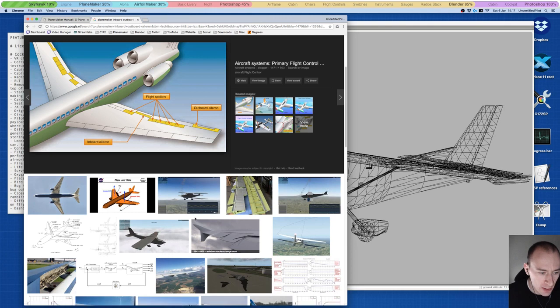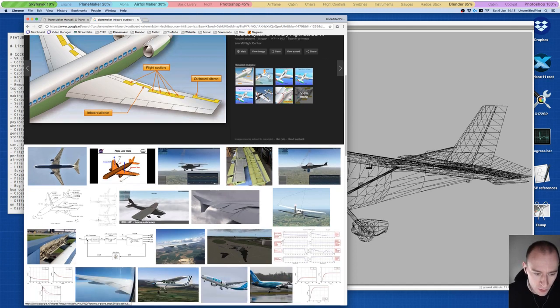I have to say that I feel that I need to just follow along with what Laminar is doing with the default 172. So that we have actually assigned the wrong type of flap or aileron to our wing section.